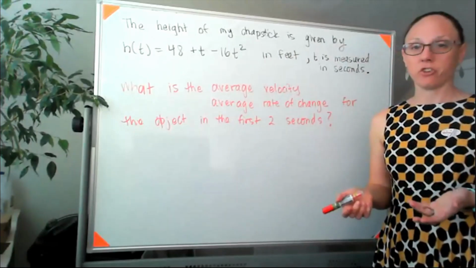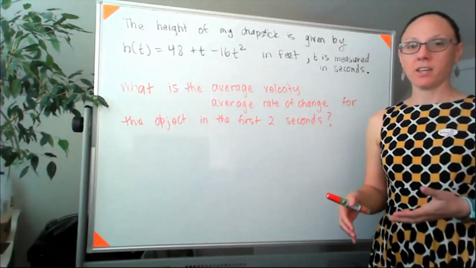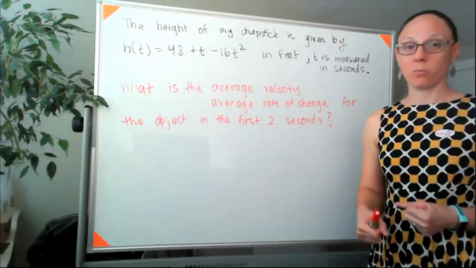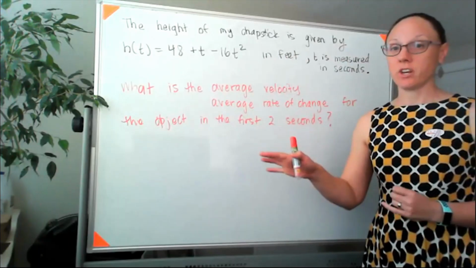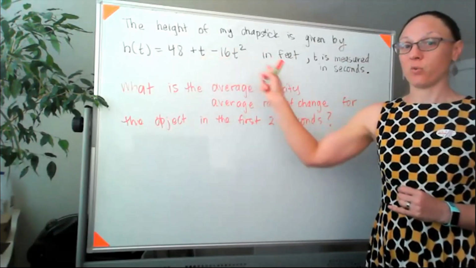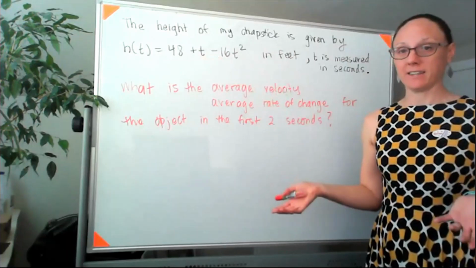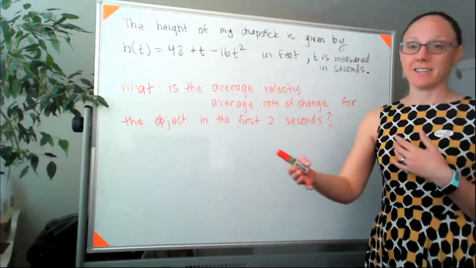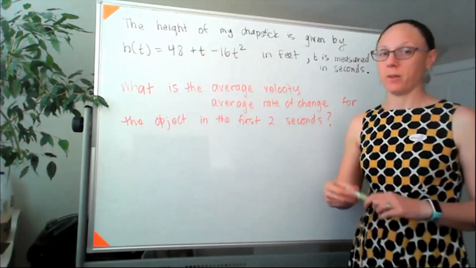Well, average rate of change or average velocity, this means old school slope. So change in height over change in time in this case, or change in distance over change in time.